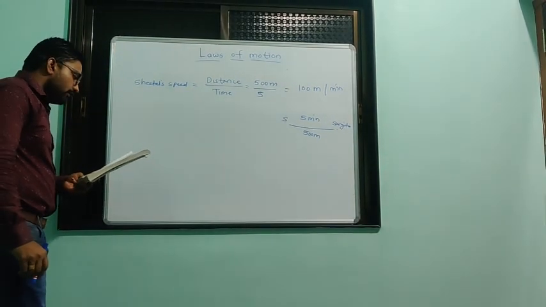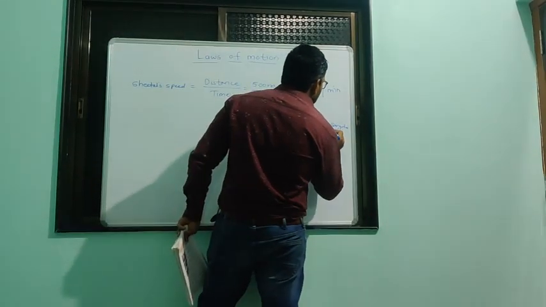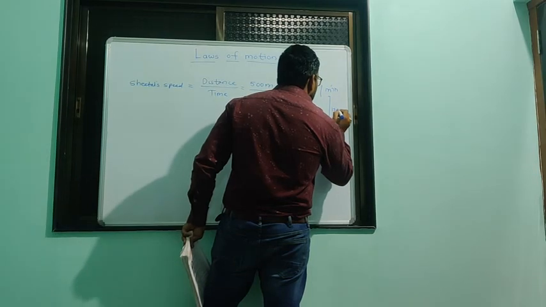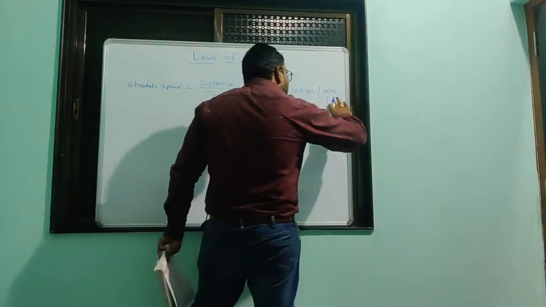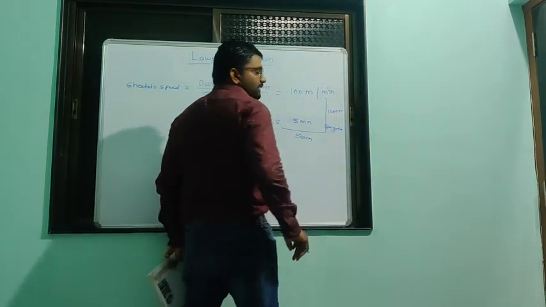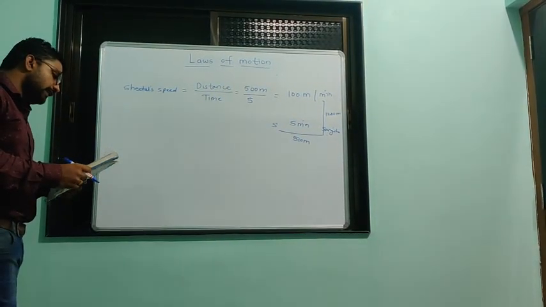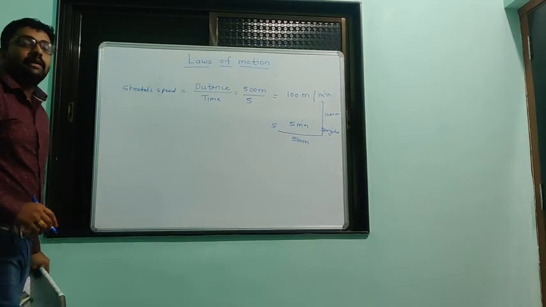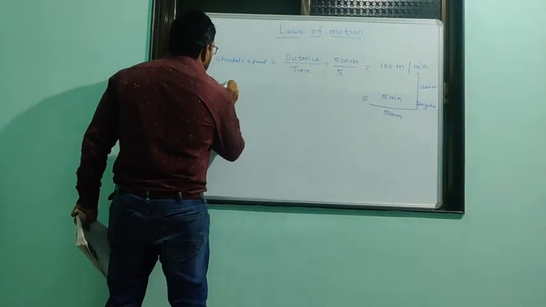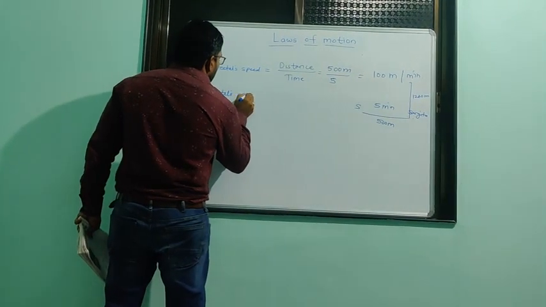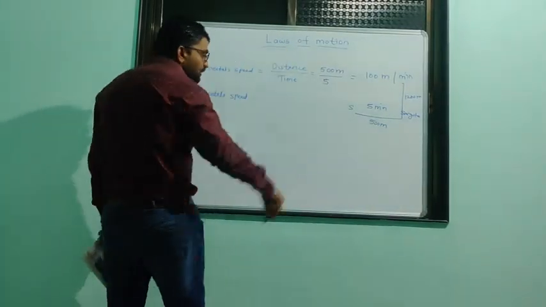Now what happened from Sangeeta's house to school? The distance is 1200 meter. So what is the speed of Sheetal on this path? That also we have to calculate. On this path, she takes 24 minutes. So Sheetal's speed along path B will be equal to distance upon time.